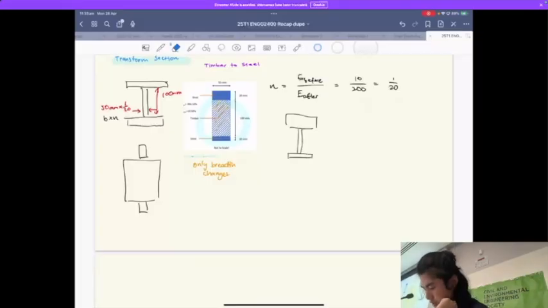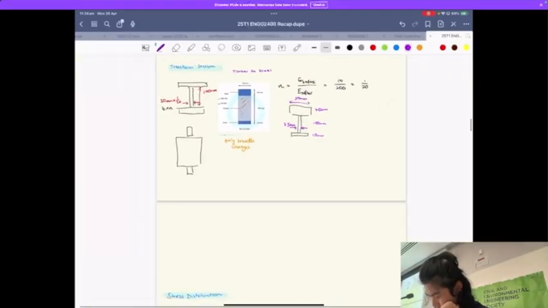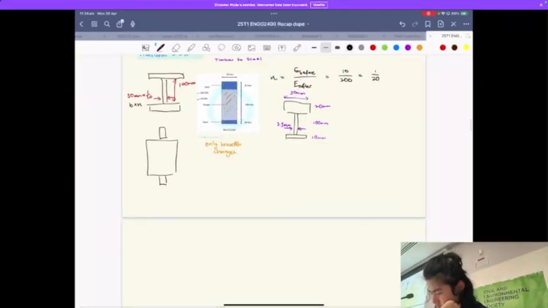So in the end, you should get something that looks like this: 2.5, and this is 50 millimeters. Does everybody get that?